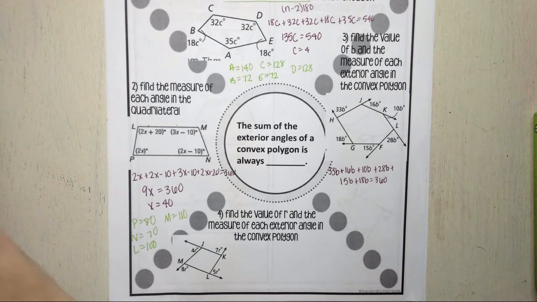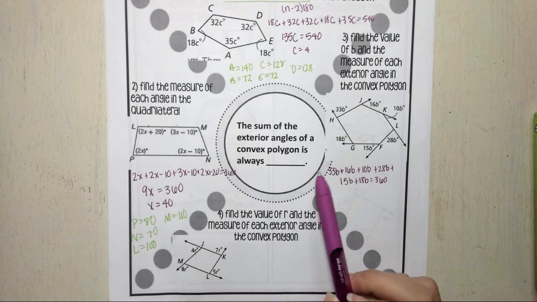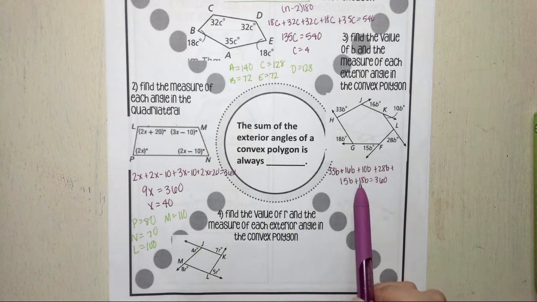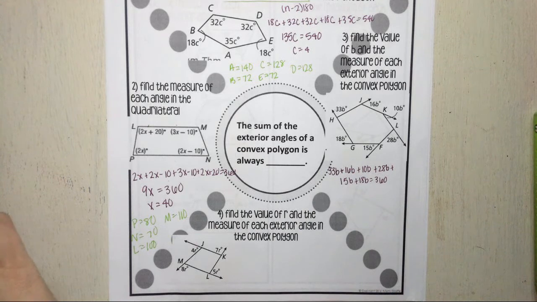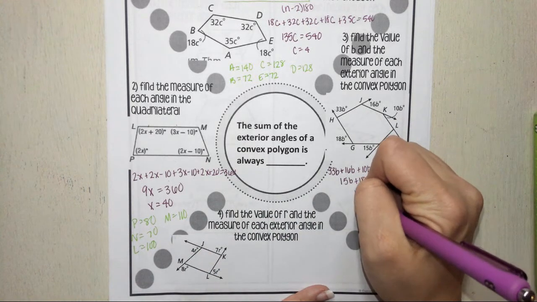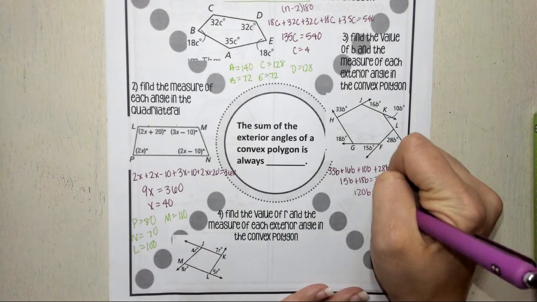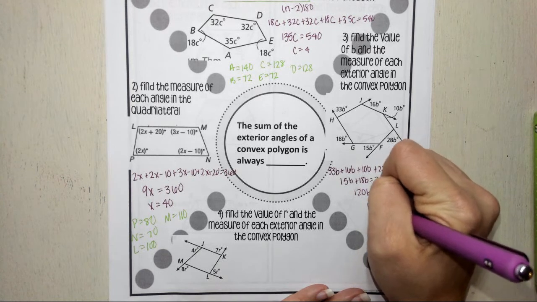So you have 33 plus 16 plus 10 plus 28 plus 15 plus 18. I'm making sure I have them all right in my calculator. 120b equals 360. Now divide.